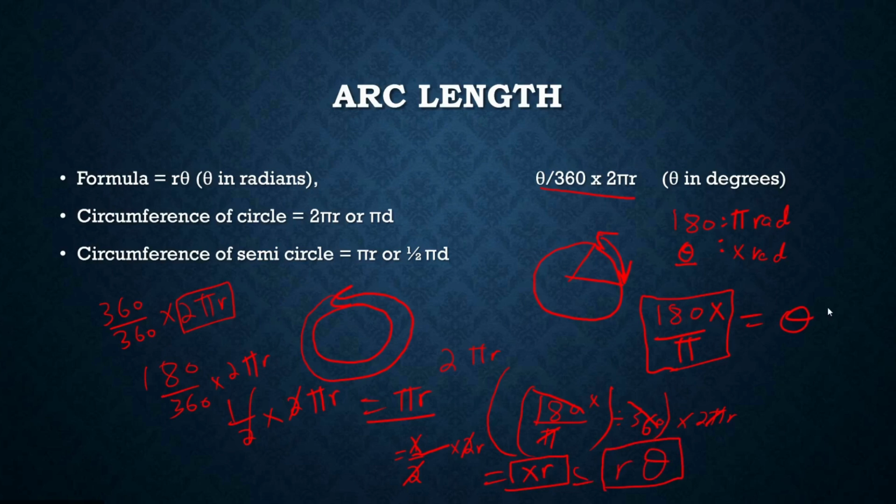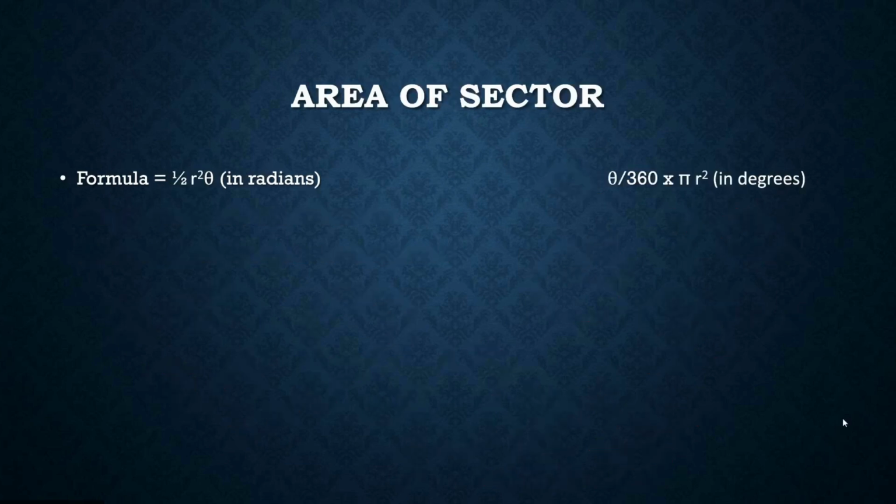Now moving on, let's discuss the area of a sector. From IGCSE, you know that theta over 360 into pi r square is the area of a sector when you have theta in degrees. Now, first of all, what is a sector? For example, I have something like this. This whole thing is my sector.